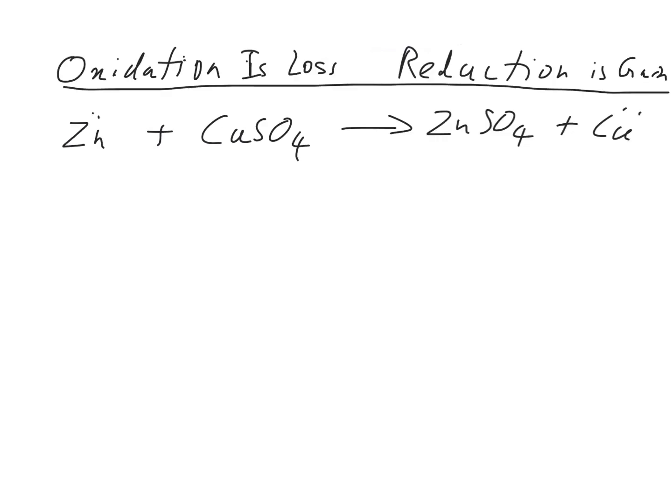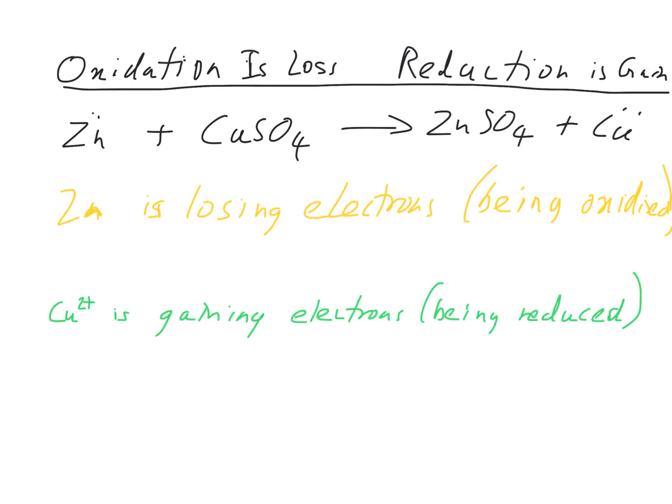So if we return to the content side of things, we established in our previous example that zinc is being oxidized. And this is because it is losing electrons. In the same way, copper 2 plus is gaining electrons and being reduced. The easy way to remember this is by using an acronym, and that goes like this.